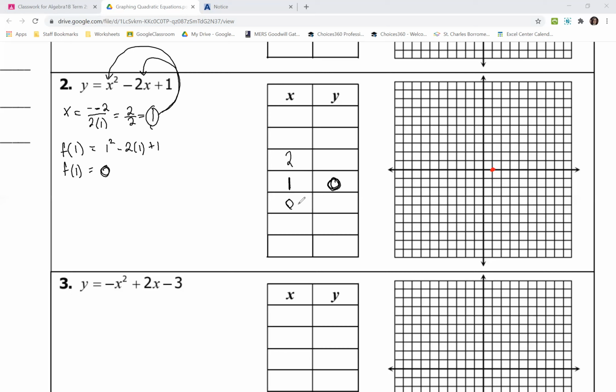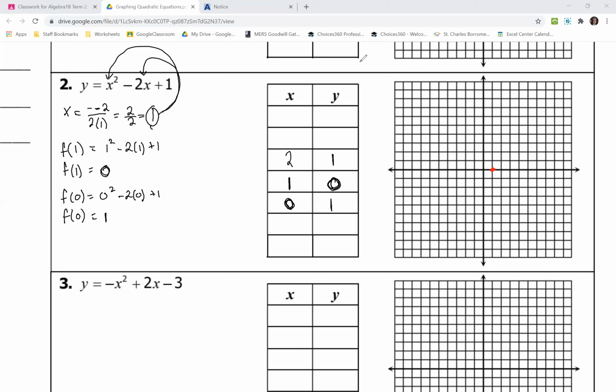I'm going to plug in the easier one, the 0. So f of 0 equals 0 squared minus 2 times 0 plus 1. That's 0 minus 0 plus 1, just going to be a positive 1. So since this is 1, this will also be 1.